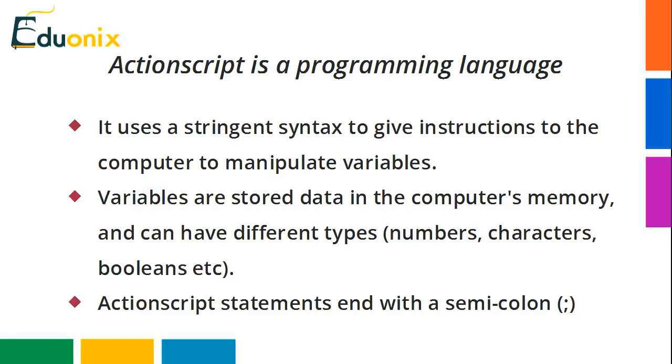Boolean is just a fancy way of saying true or false, and we'll be using a boolean in our mini project with our button. And as you'll see, all ActionScript statements end with a semicolon instead of a full stop, as you might expect in a normal English statement.